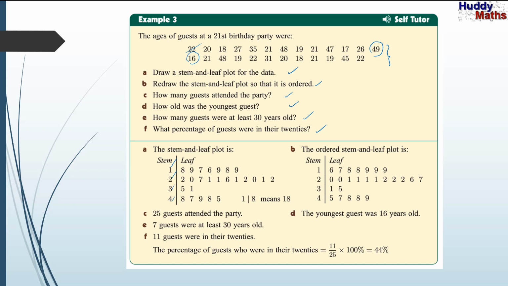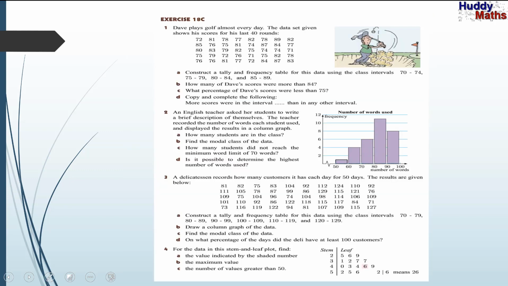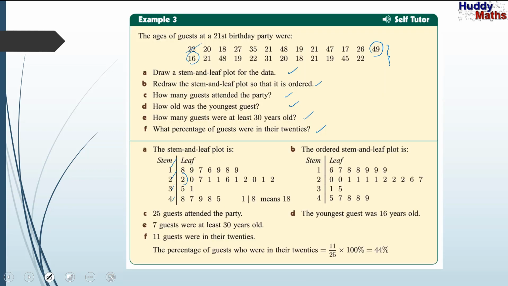And then when we see 22, we put that score in. Down here, 22, the 20 will be a 0, and you've got the idea. You're labelling all those. Don't forget the scale here. 1|8 means 18. Then over here, we're going to put them in order. So we're going to take this list of scores here and put them in order. So that's that row there. And do it with each row.